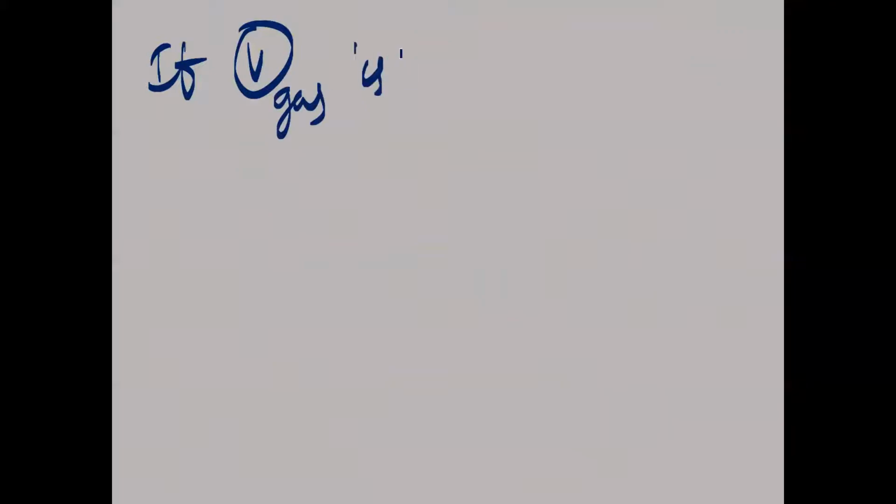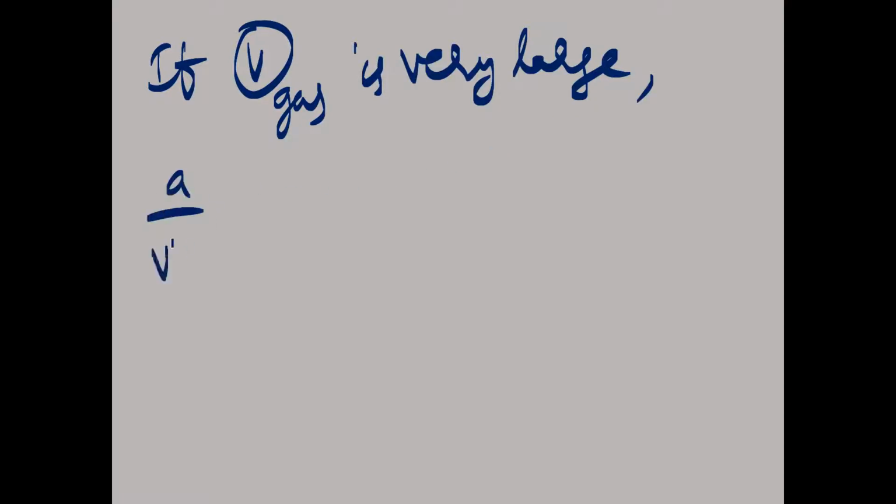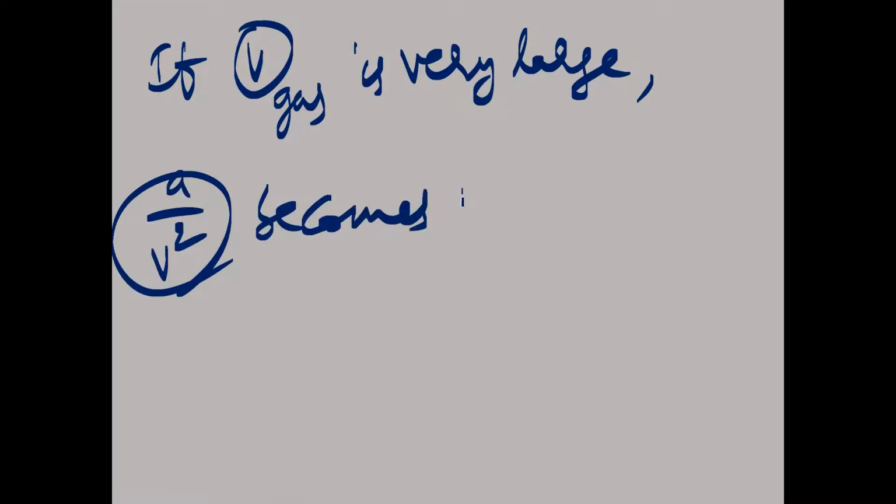Now, the next case is that if the volume of gas is very large, then A by V square becomes very less, negligible. What is A by V square called?